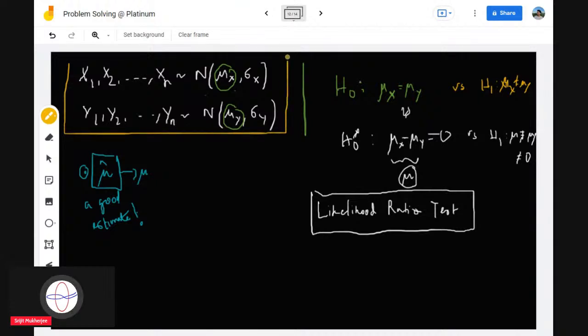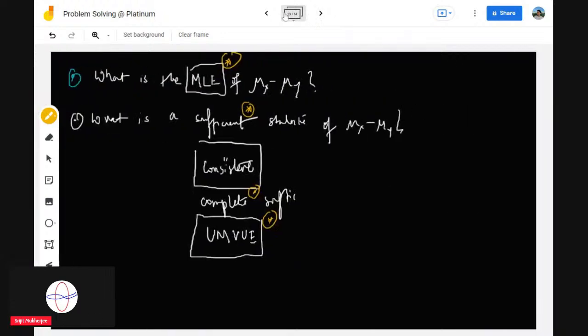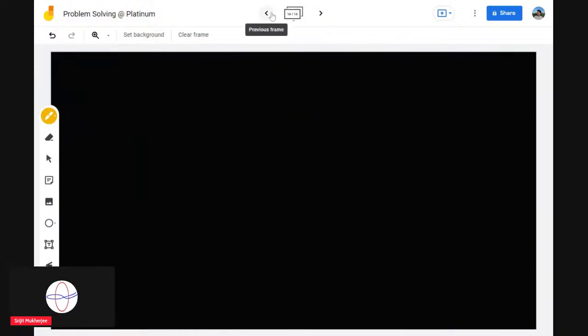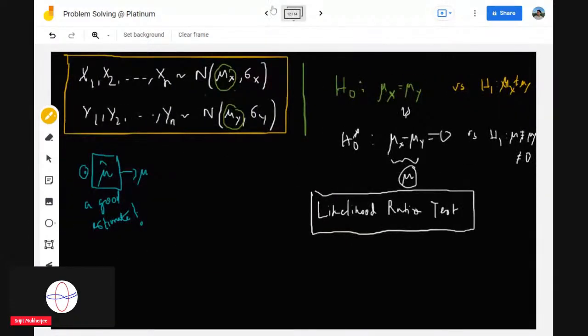The two sample problem is given over here. How will you find the MLE? Tell me, guys, this is easily doable.